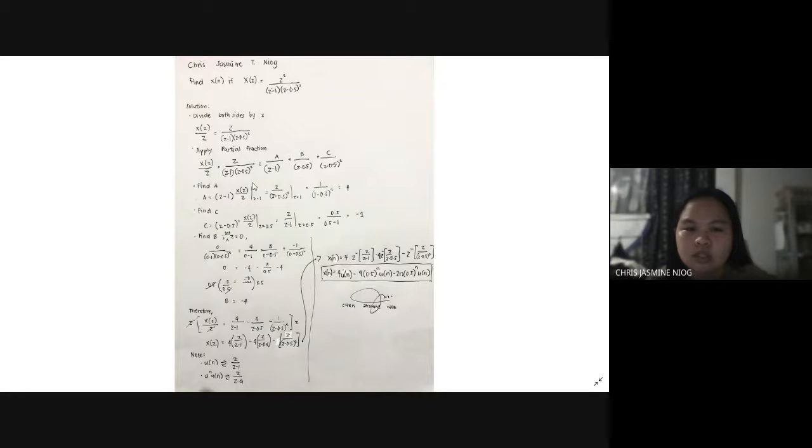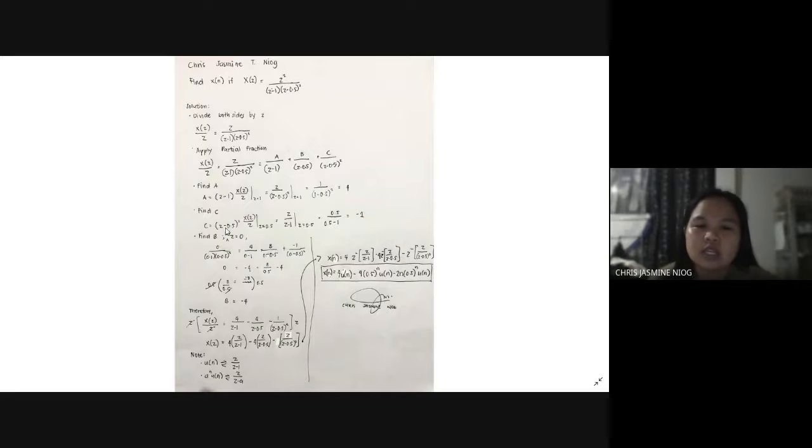So that cancels, since 1 minus 1 is 0. Then we have z over z minus 0.5 squared, where z is equal to 1. Substituting 1, we get 1 over 1 minus 0.5 squared, which is equal to 4.